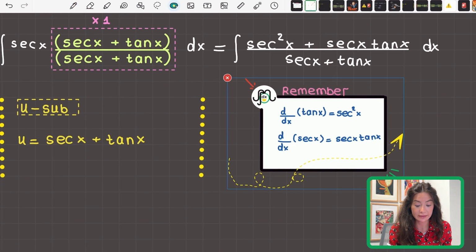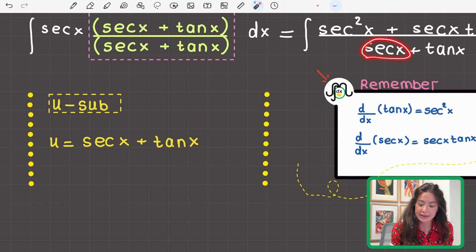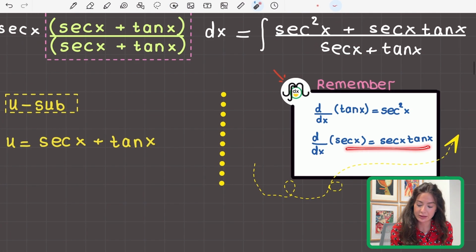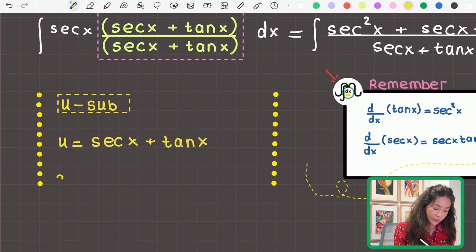If you forgot the derivatives of these functions, you need the derivative of secant x, which is secant x tangent x, and the derivative of tangent x, which is secant squared x. If you forgot your derivatives, this is a perfect time to review them, because you're going to need them all the time in Calc 2.